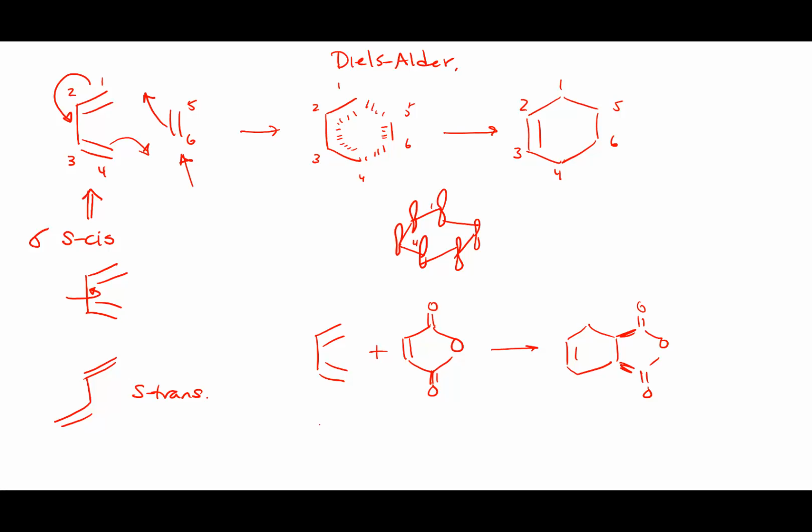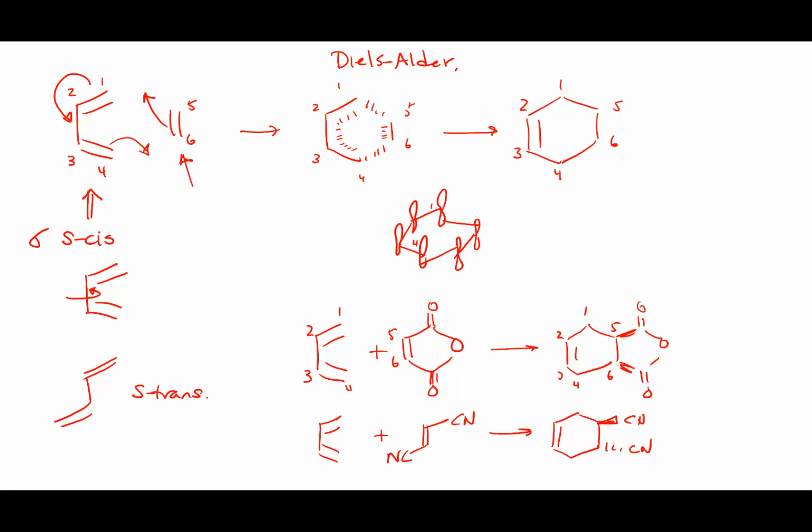If the diene was reacting with a trans double bond, then the product we would make would have the CN groups trans, because that's what they were in the alkene. And the reason that I put 1, 2, 3, 4, 5, and 6 on there is because if I'm doing this reaction, I know the product has 1, 2, 3, 4, 5, and 6 on it.